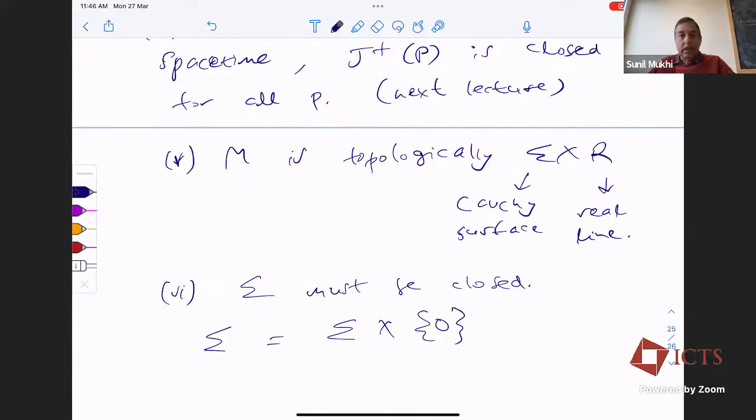And 0 is closed in R, and this actually proves that sigma is closed in sigma cross R, which is M. So that's also done.